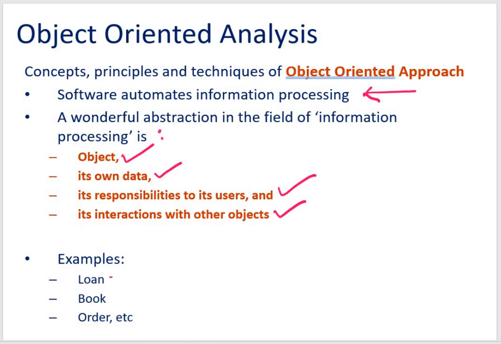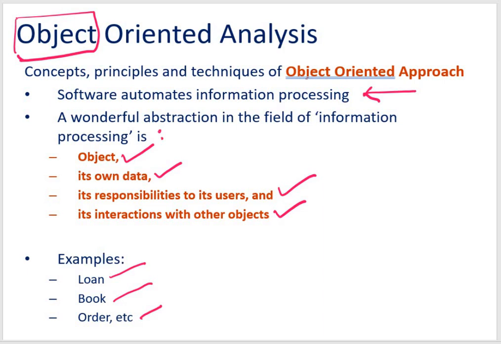For example, I have something called a loan, something called a book, something called an order. So we can have the object, its own data, its responsibility to the users and the interaction with other objects. Since we are talking about object oriented analysis, object will definitely be our prime focus.